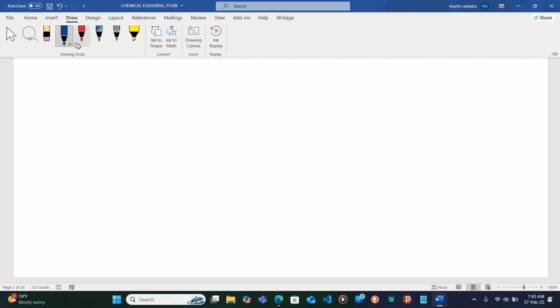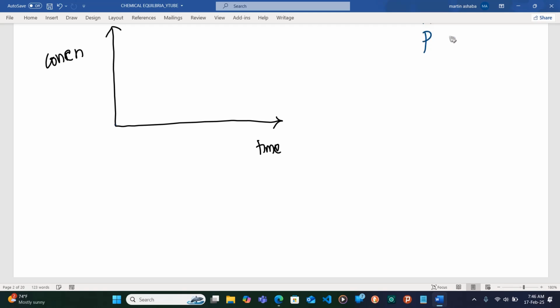So to demonstrate this further, let us draw graphs to represent the concentration of A and the concentration of B. In all cases, at the very beginning, we are talking about reactants, for example, P and Q. If I have this reaction, at first we have zero concentration of Q, but we have P in abundance.